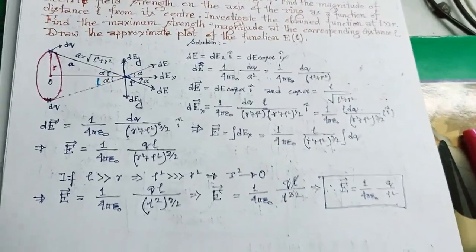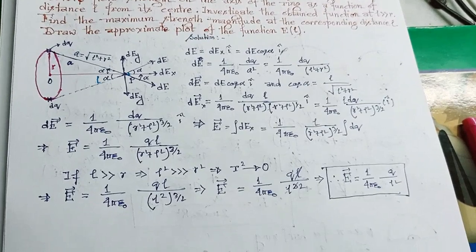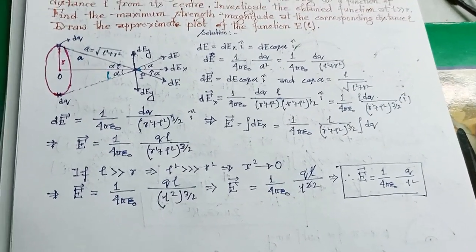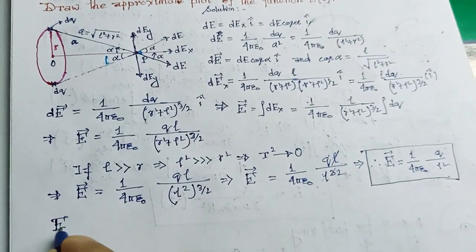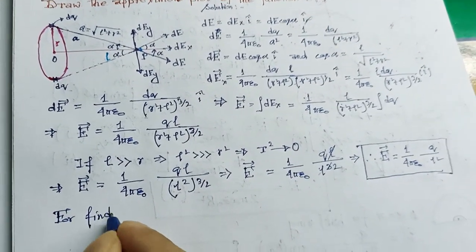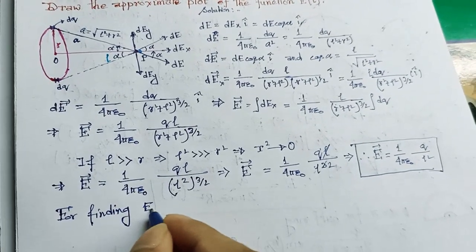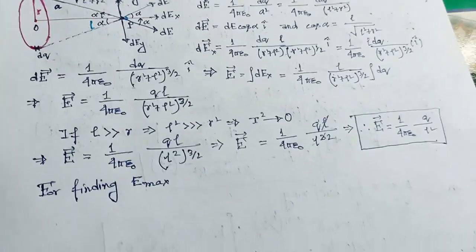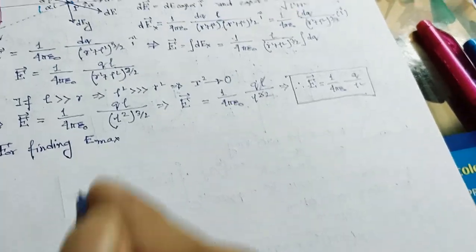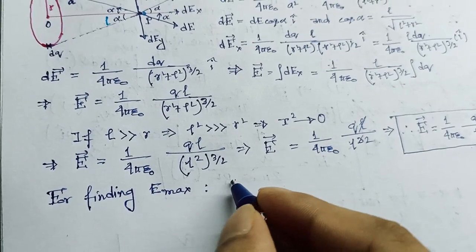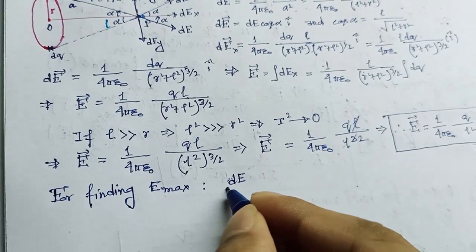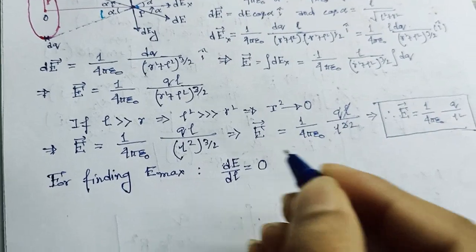And now we have to find the maximum strength, or magnitude, of the electric field at the corresponding distance L. For finding Emax, we have to differentiate this E vector, so we take dE with respect to dL equal to 0.